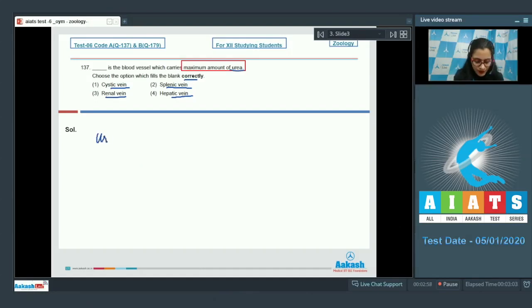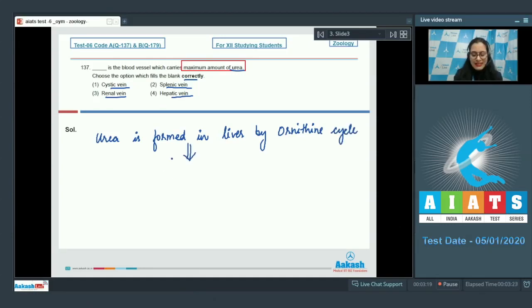Now urea is formed in liver by ornithine cycle, which is carried away by hepatic vein. So it carries maximum amount of urea.